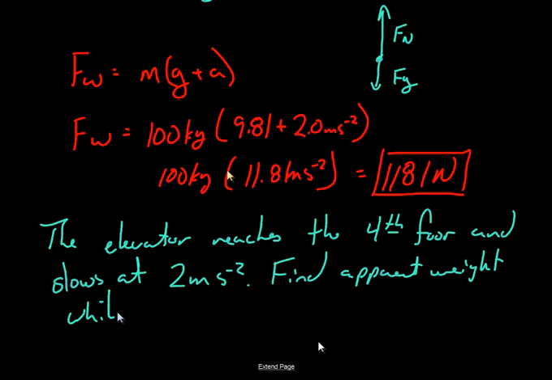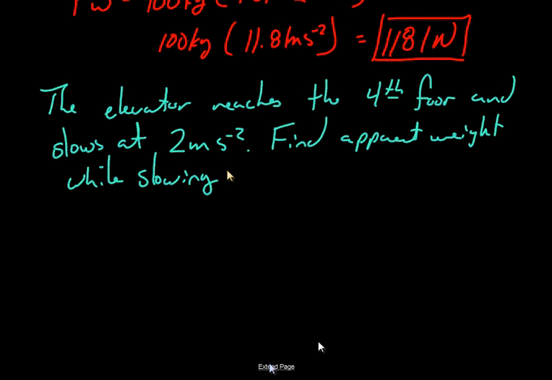Once it's reached its traveling speed, the person's apparent weight becomes the same as their real weight, because they're traveling at a constant velocity. Traveling at a constant velocity doesn't do anything. So find apparent weight while slowing. It's the exact same concept, except now you know that it's subtracting, g minus a.